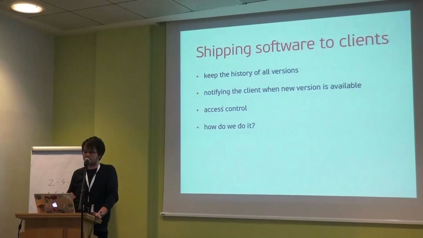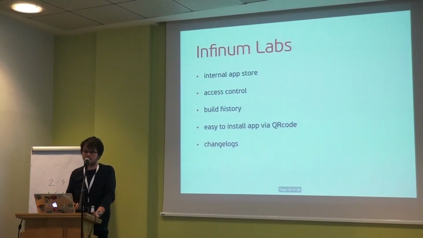And we also pinpointed some of the features we need to have from this new automatic system. It should keep the history of all versions. It needs to have access control, and somehow it needs to notify the client when the new version is available. In the end, we implemented Infinum Labs, which basically serves as our internal Google Play or App Store.